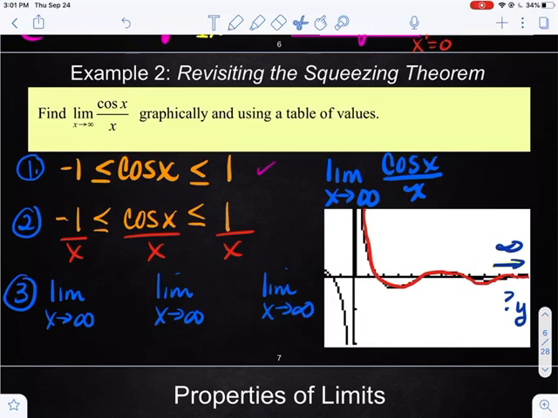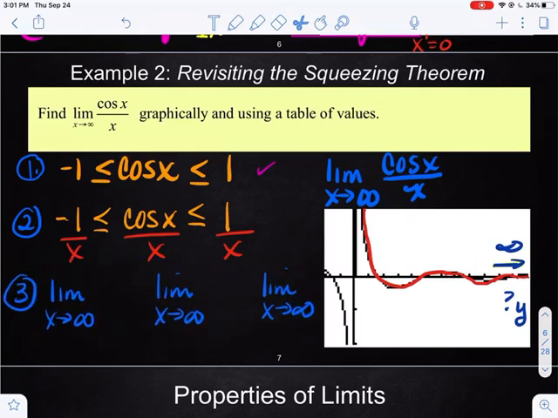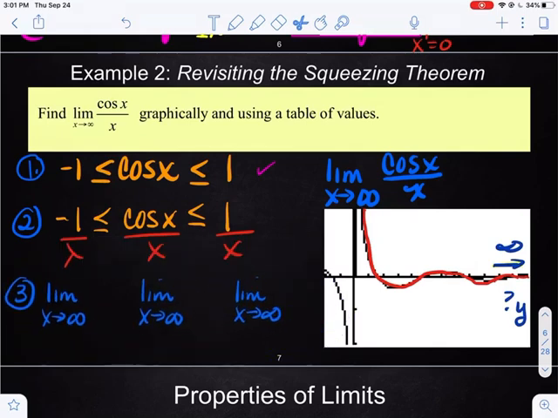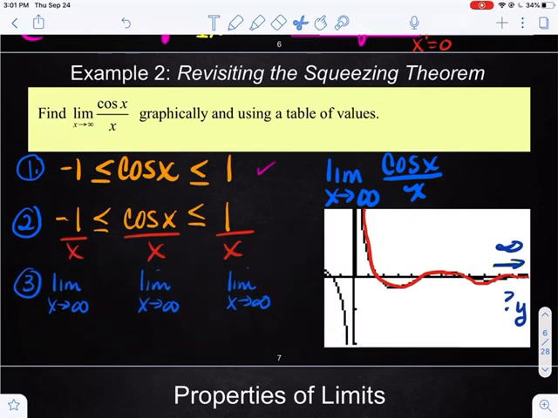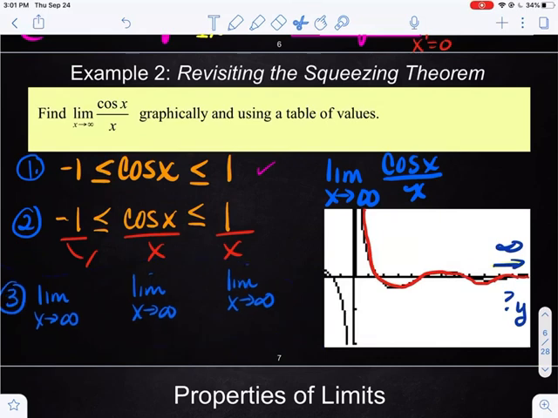I don't think I'm going to have enough room here. I'm going to make this a little bit smaller. I love when that happens. Why does that happen? I'm going to have to investigate that.